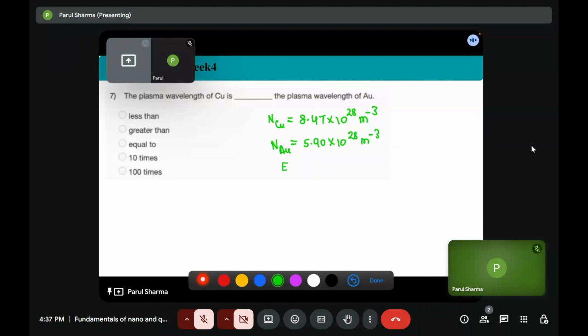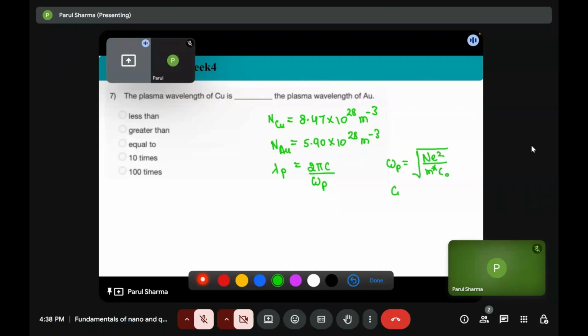So we can find that lambda p is 2 pi c by omega p, where omega p is the square root of n e square by m star epsilon.